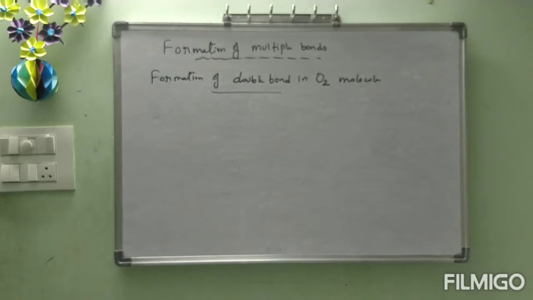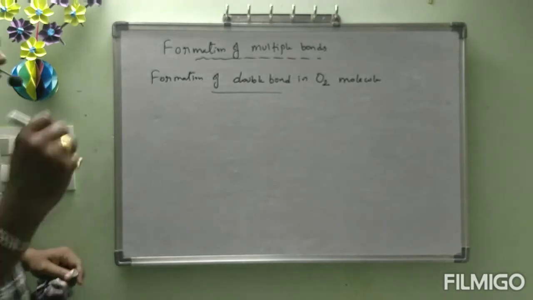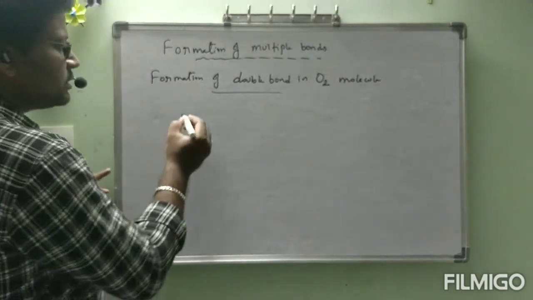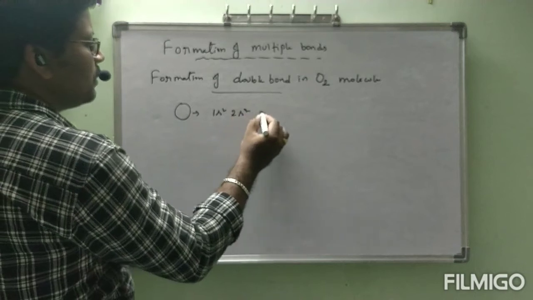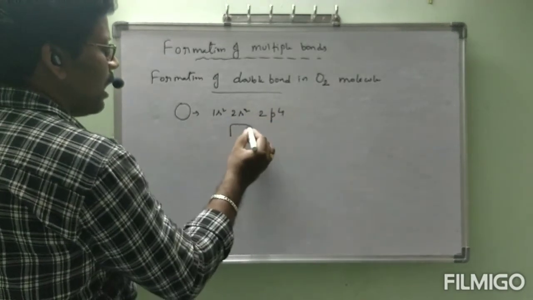Okay, in the same way we can see what about the formation of double bond in oxygen molecule. That is the thing we will see. First I would like to write the oxygen electronic configuration: 1s2, 2s2, 2p4.